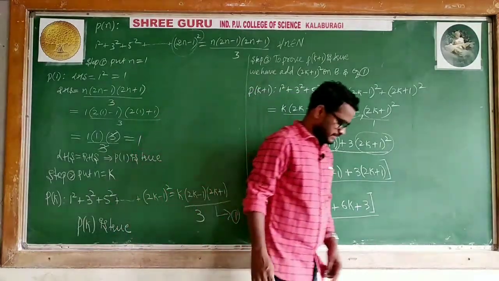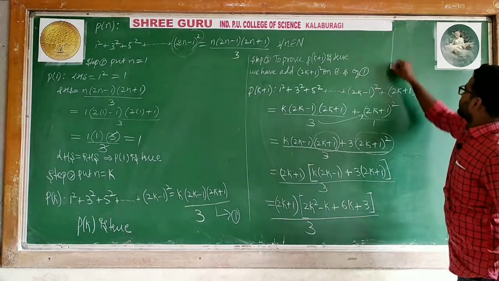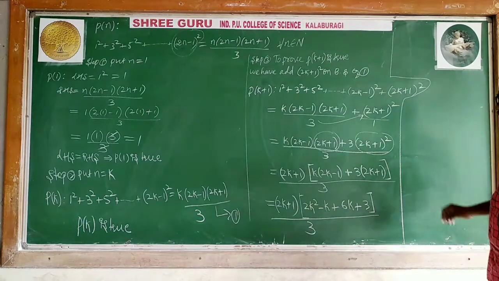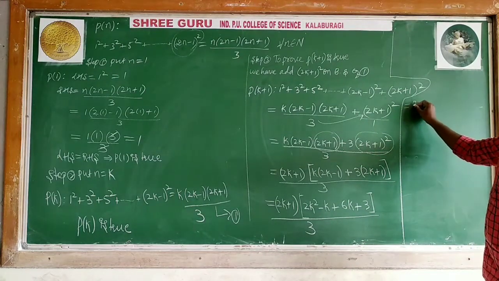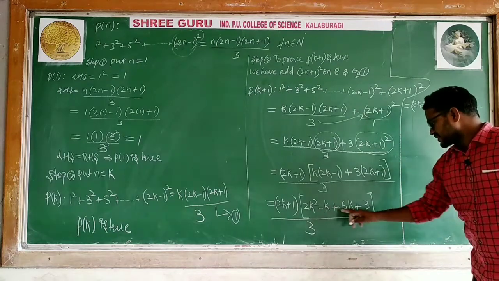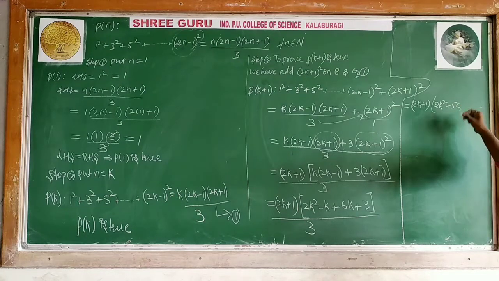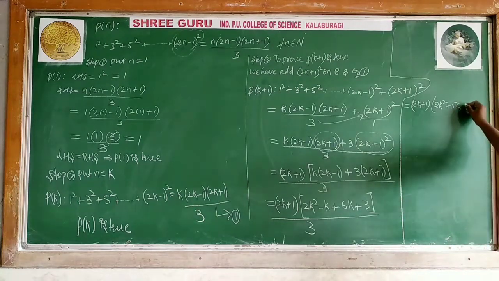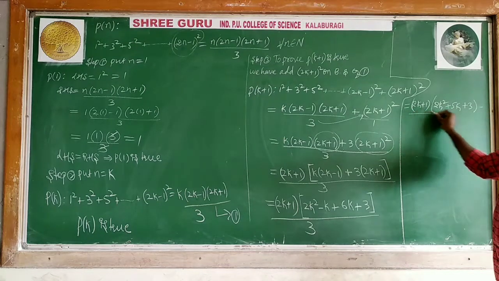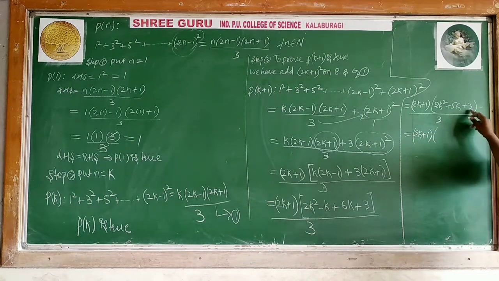Now I will write here 2k plus 1, in the bracket 2k square minus k plus 6k, which is 5k, plus 3 as it is, divided by 3.